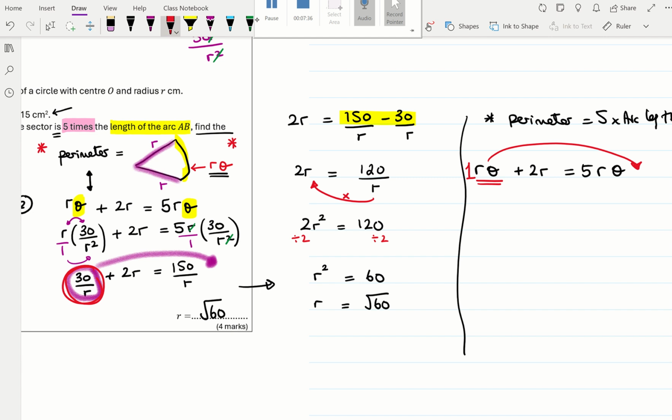This is 1r theta and this is 5r theta. So I can subtract at the very beginning. So 5r theta minus 1r theta, 2r equals 4r theta. And then I can do my substitution here now. 2r equals 4r times 30 over r.